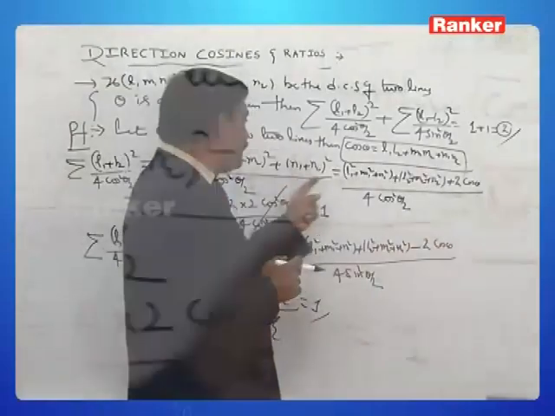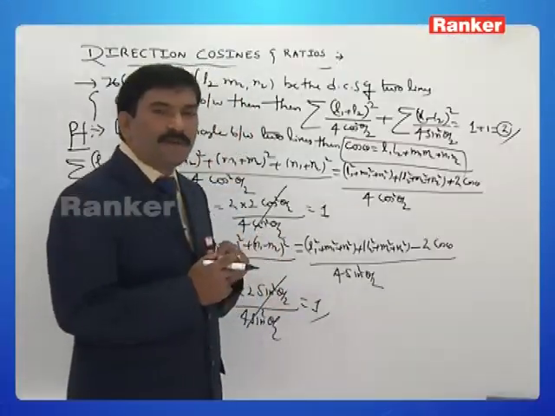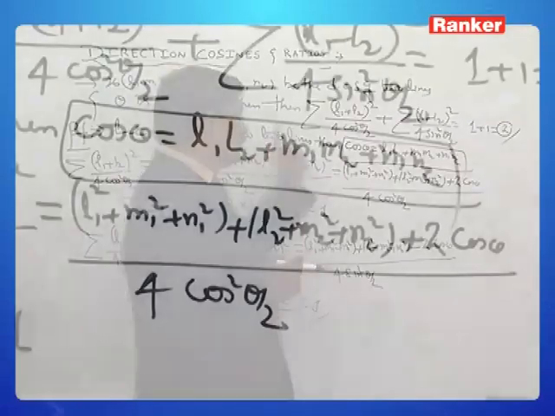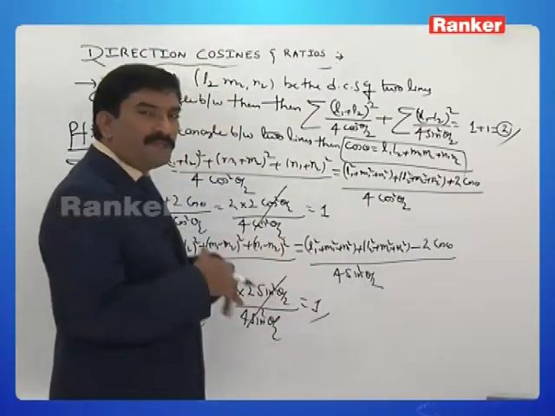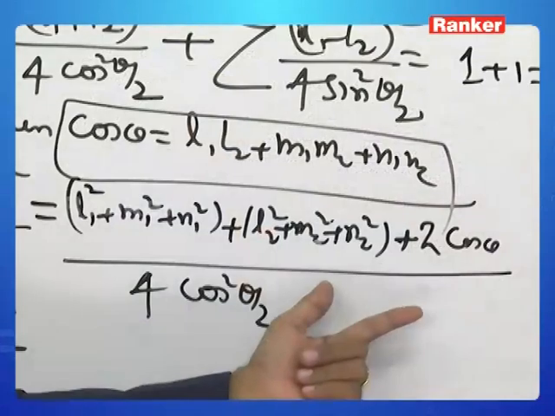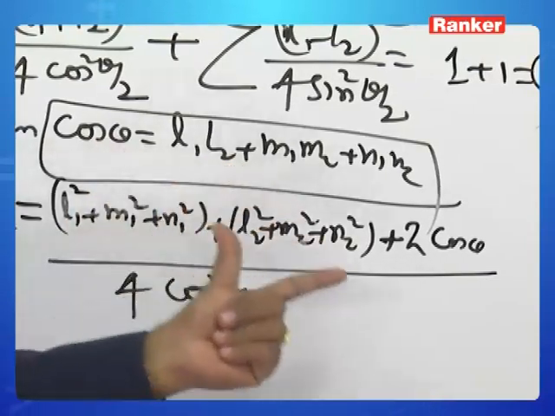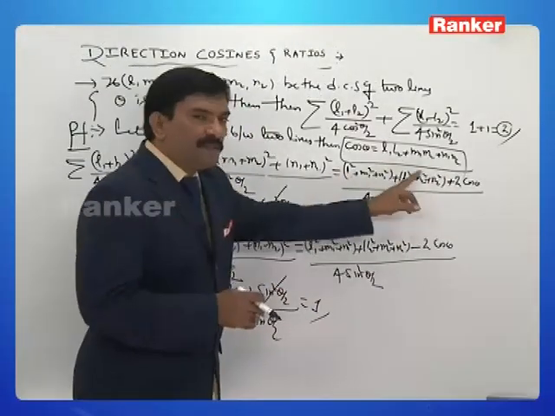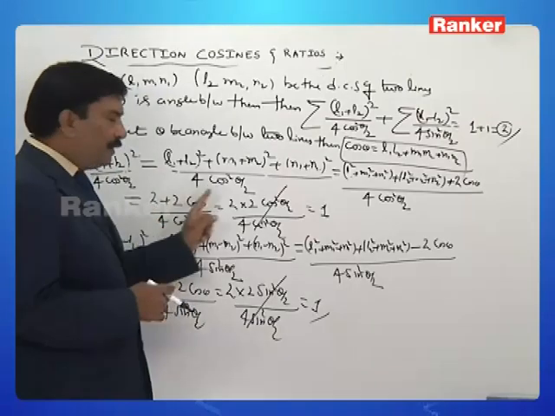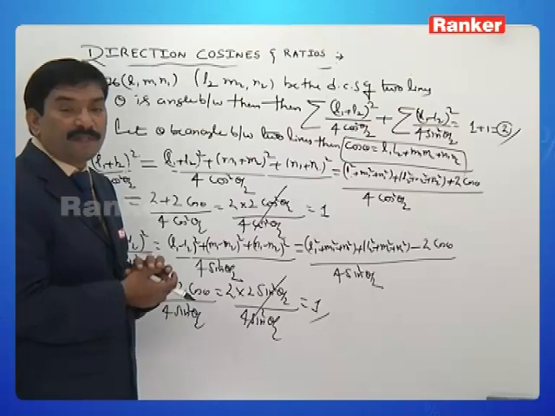So expand it. L1 square, M1 square, N1 square, I have taken common. L2 square, M2 square, N2 square taken common, plus 2 L1 L2, 2 M1 M2, 2 N1 N2, which is nothing but 2 into (L1 L2 plus M1 M2 plus N1 N2). You can apply this condition: 2 cos theta. This is 1, this is 1. Therefore 1 plus 1, 2. That is 2 into (1 plus cos theta) by using multiples and submultiples of angles.